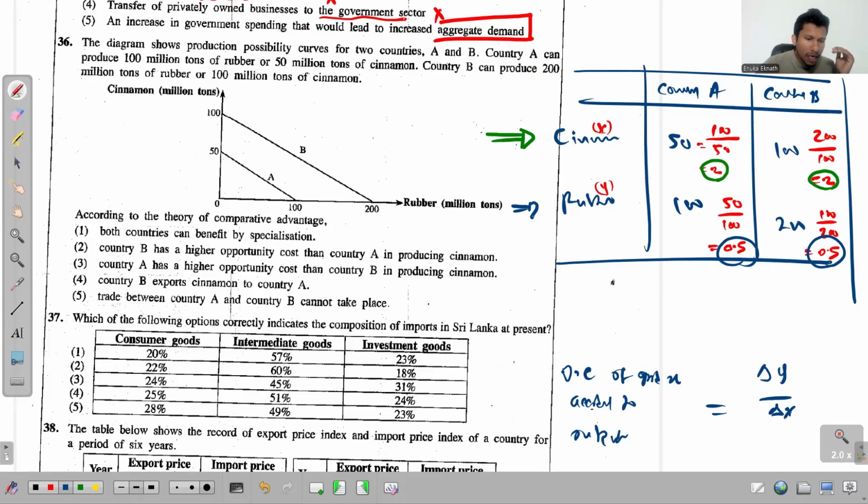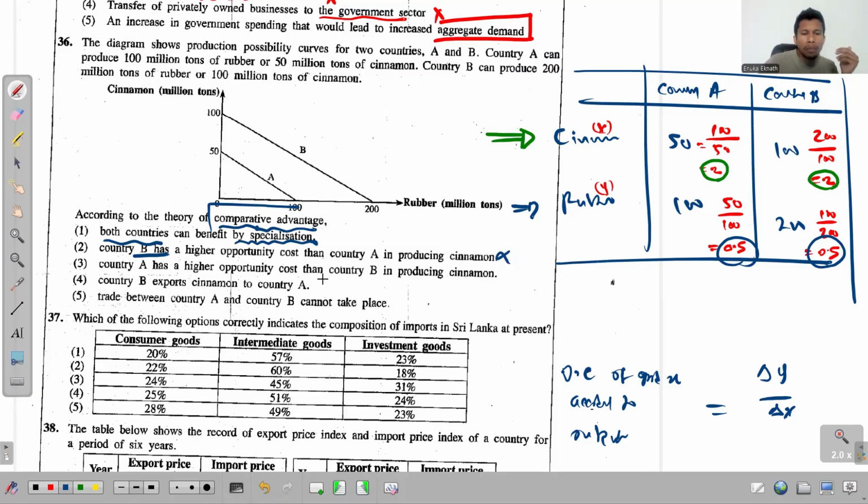First one says both countries can benefit by specialization. No, there's no possibility to specialize in one specific product because, based on comparative advantage, they can't do that. And again, second one says, according to the theory of comparative advantage, country B has a higher opportunity cost than country A in producing cinnamon. No, the opportunity cost is the same.